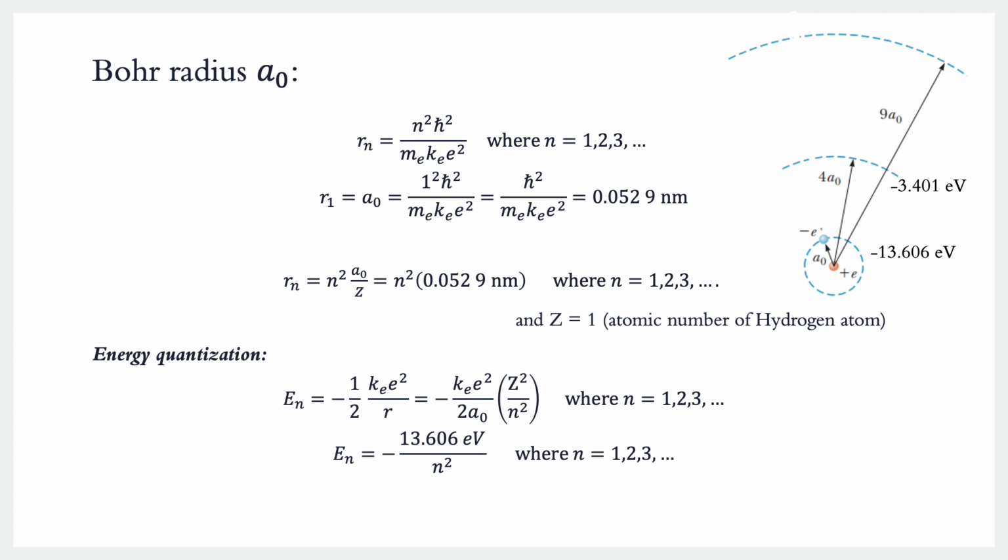The lowest allowed energy level, the ground state, has n equal to 1 and energy E equal to negative 13.606 electron volts. The next energy level, which is the first excited state, has n equal to 2 and energy E equal to E sub 1 over 2 squared equal to negative 3.401 electron volts.